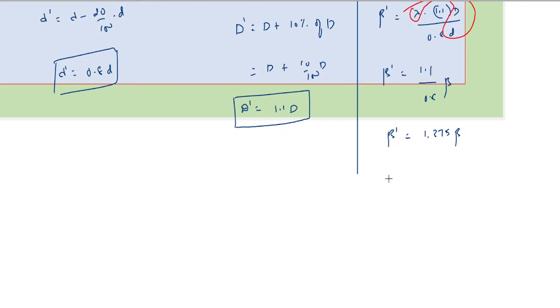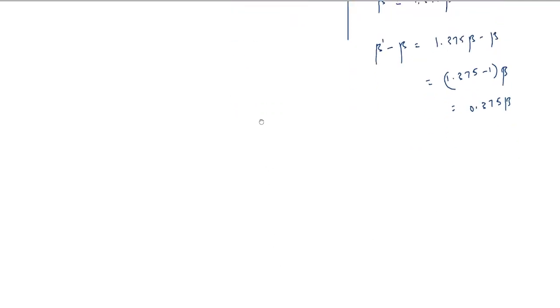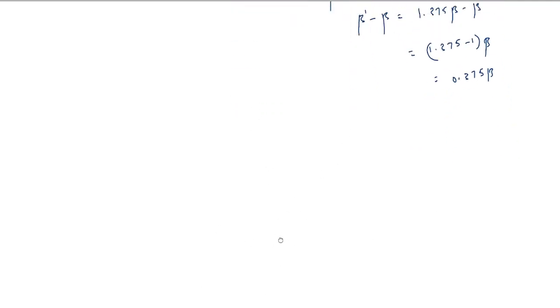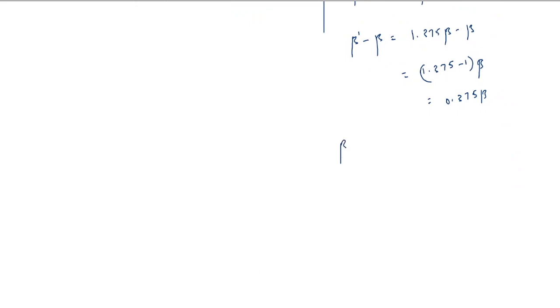Now if you take beta dash minus beta, 1.375 beta minus beta, you have taken minus beta on both sides, nothing has changed. This is equal to 1.375 minus 1 into beta, which is 0.375 into beta. So we get beta dash minus beta is equal to 0.375 into beta.